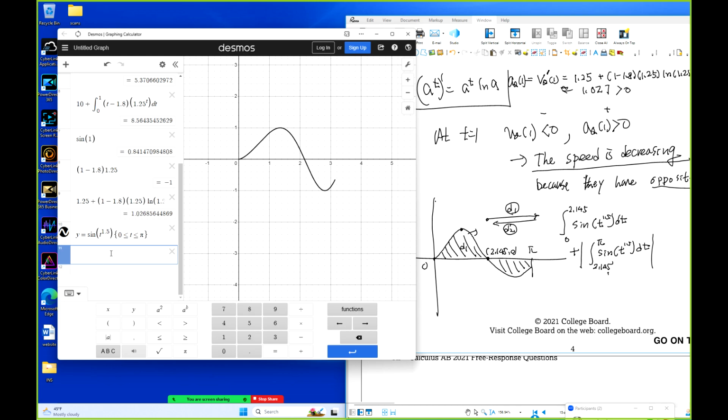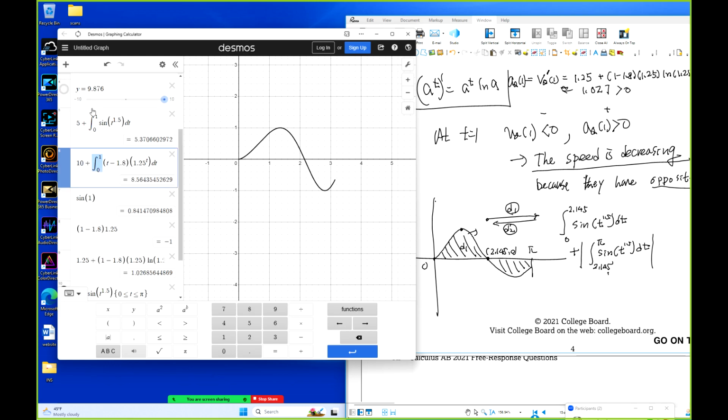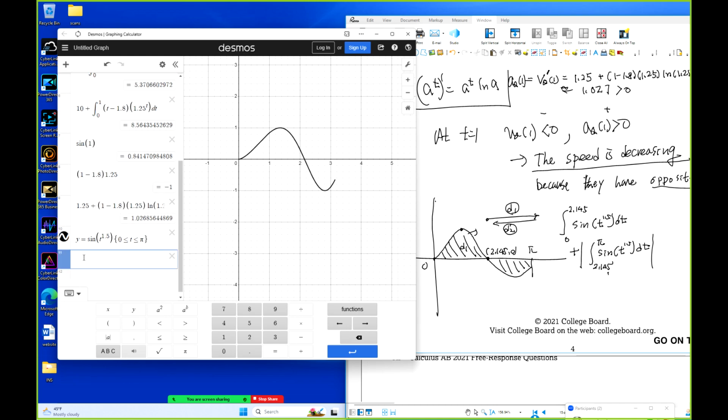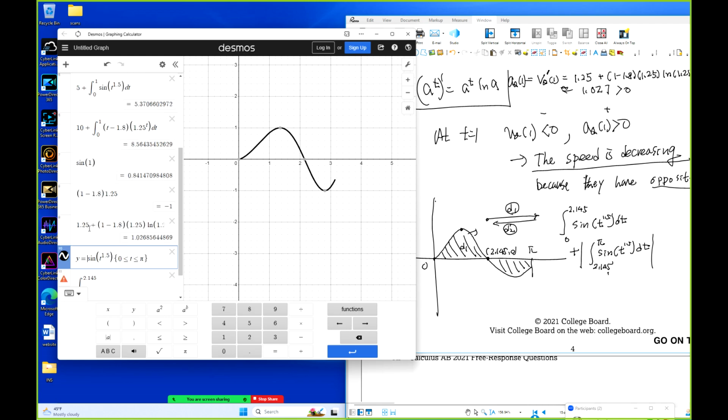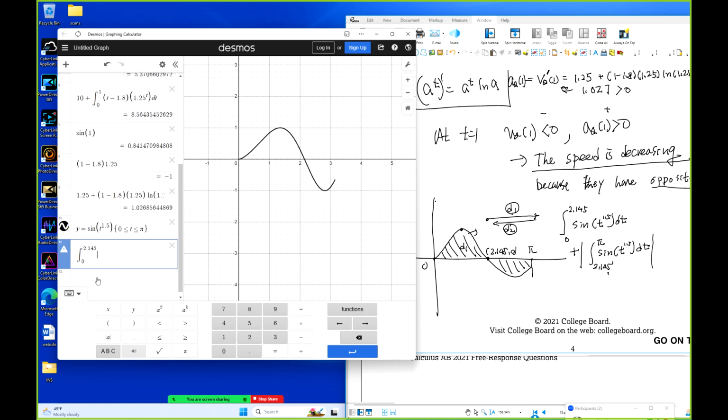First one is the integral again, from 0 to 2.145 of sine t to the 1.5. I'm going to copy this integrand and the dt. Yeah, that is distance.